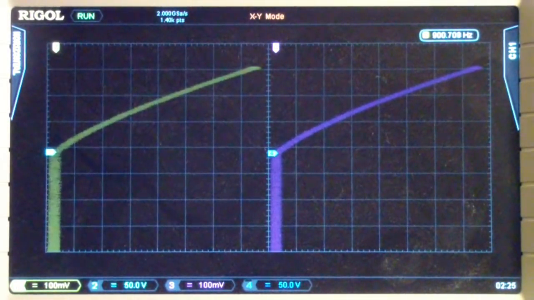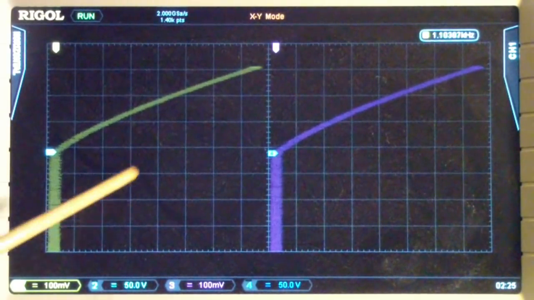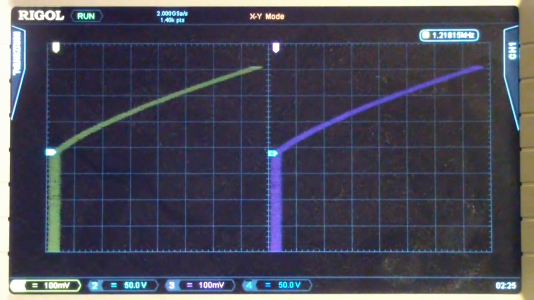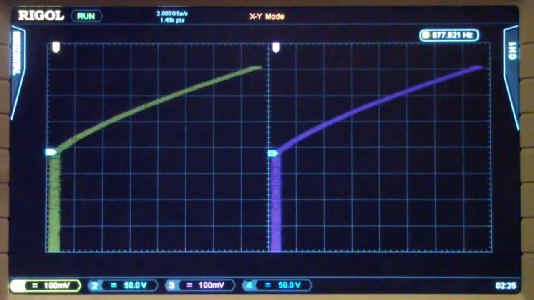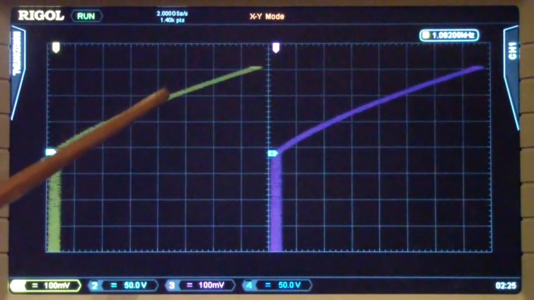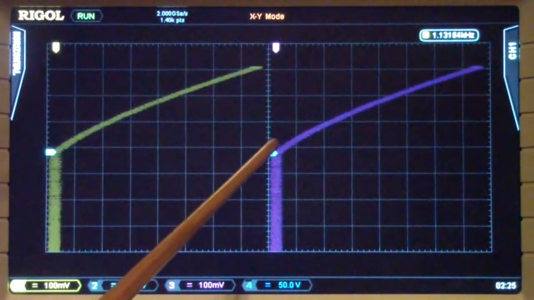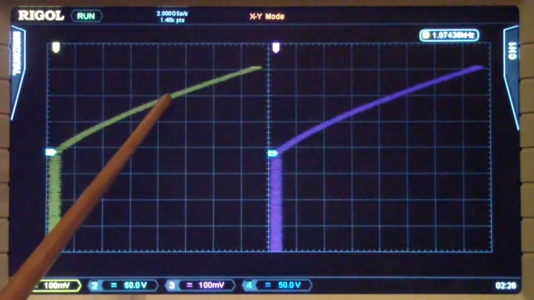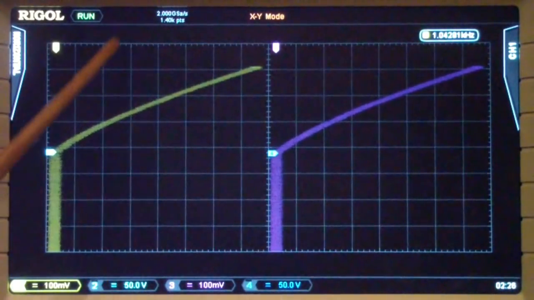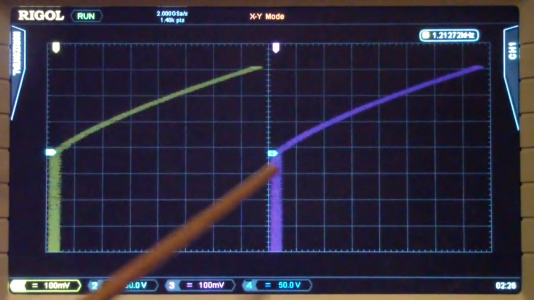Well, one of the reasons is I have an oscilloscope, a DS4000 Rigol oscilloscope that has 4 channels. And one of the nice things about this particular scope is it allows you to hook up 2 channels and display them in an XY, and then another 2 channels. In this case, this is channel 1 and channel 2, and one of them is displaying the voltage and the other the current.